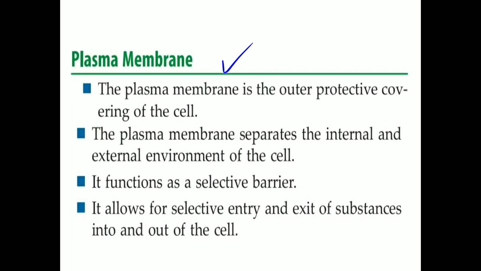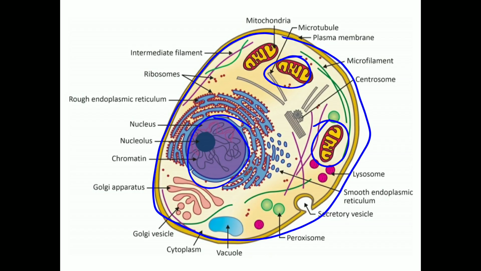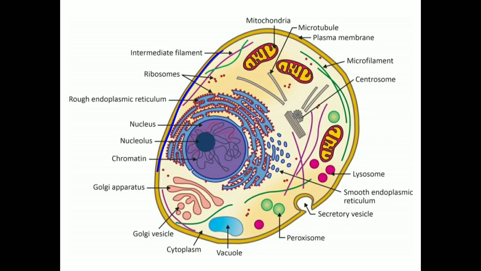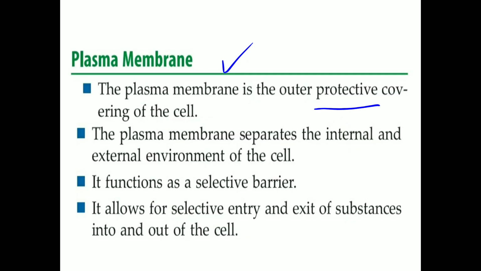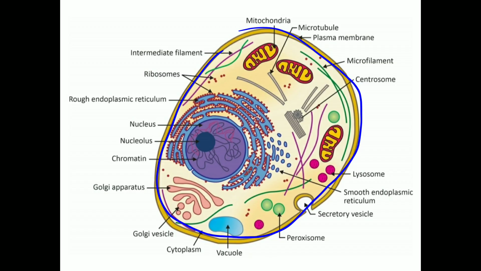Plasma membrane. This is the outer protective covering of the cell, and it separates the internal and external environment of the cell. This is the internal environment of the cell, and this becomes its external environment.